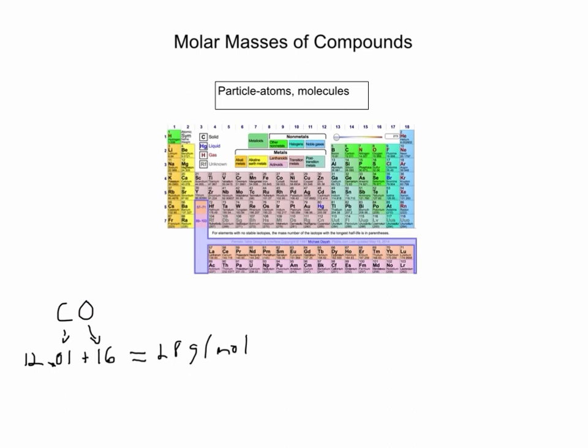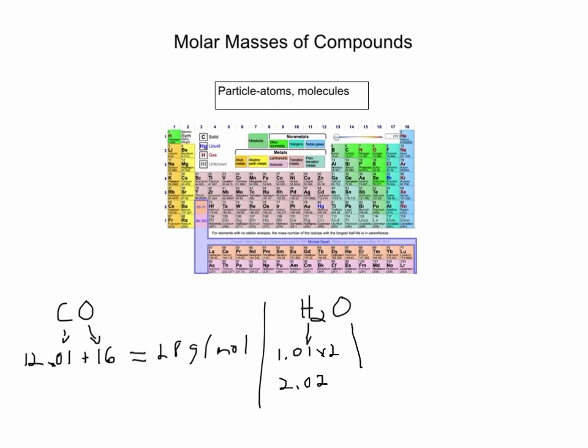Well, what if we have more than one of an element in a compound? For example, water, H2O. Well, we know that hydrogen has a molar mass of 1.01, but we have to multiply that by 2. We have 2 hydrogens here, so we're going to write times 2, and that equals 2.02 grams for hydrogen.